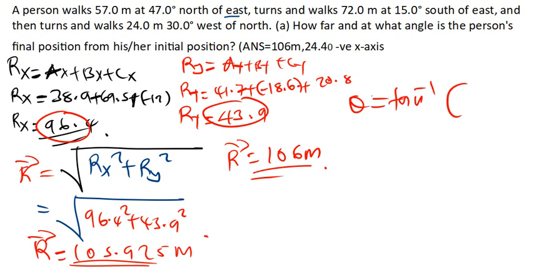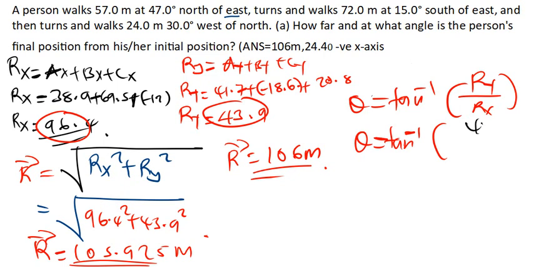Okay, so I'm going to say ry divided by rx. Theta will be equal to tan inverse. My ry in this case is 43.9. My rx is 96.4. So theta will be equal to, if I get my calculator, shift tan open brackets 43.9 divided by 96.4.